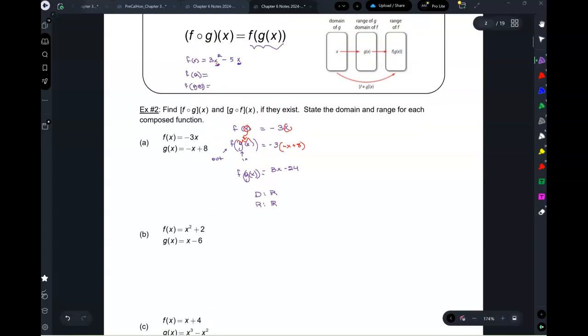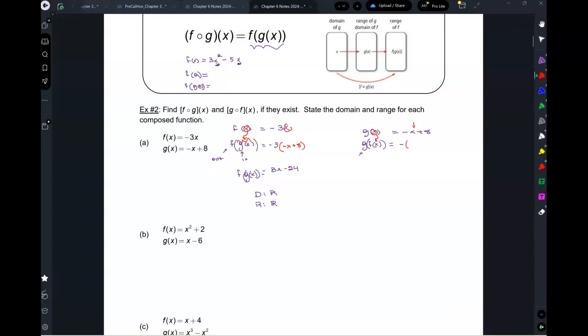Okay. Next, we want to find g of f of x. This is the outer function, so I write g of x like this. Okay, so all of my x's are going to be replaced by f of x. Where's the x here? Right there. Write down the negative.